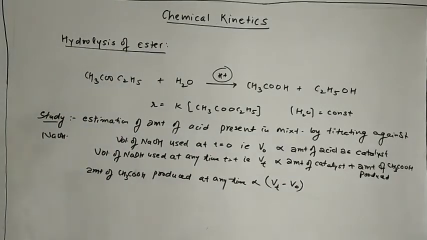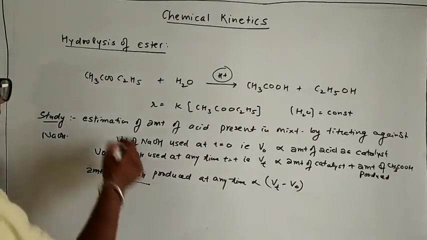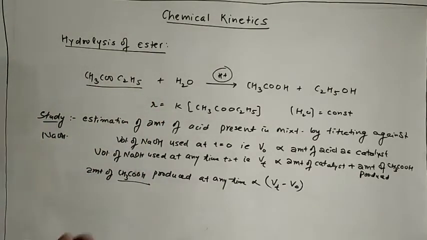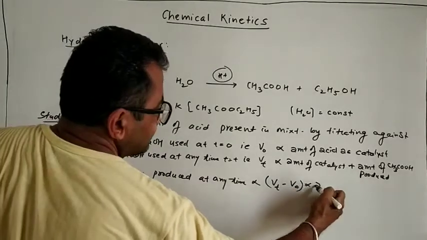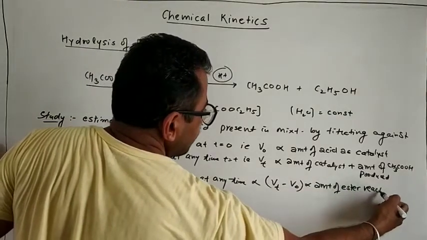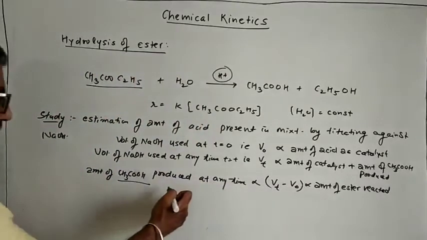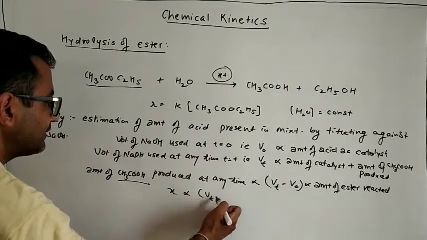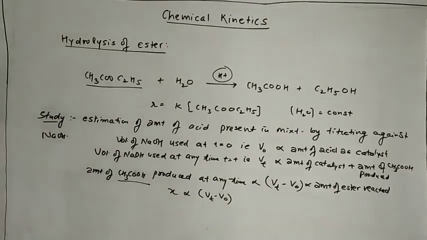So the amount of acetic acid produced at any instance is directly proportional to amount of ester reacted. कितना जितना acetic acid बनेगा उतना ही ये ester जो है वो react करेगा. तो this is also directly proportional to, you can say, amount of ester reacted. So this we can write x directly proportional to, x is the amount of ester which is reacted. Okay.